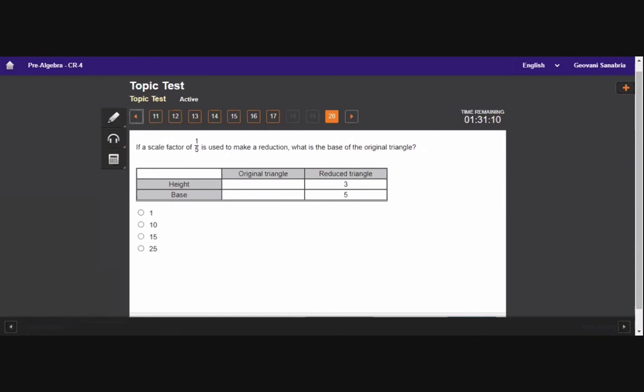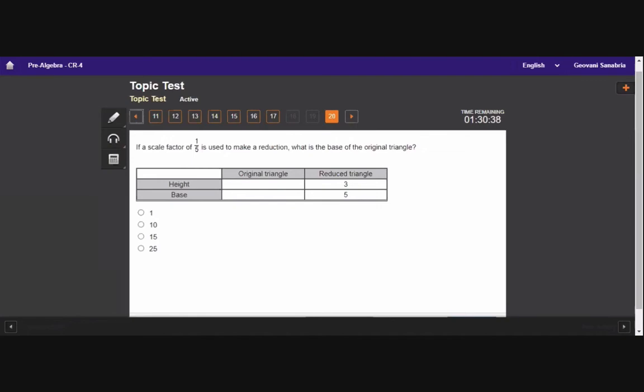Switch over. The scale factor of 1/5 is used to make a reduction. What is the base of the original triangle? Do you know how to do that one? No, I'm trying to figure it out. It gives you a hint in the wording, right? The scale factor of 1/5 is used to make a reduction.